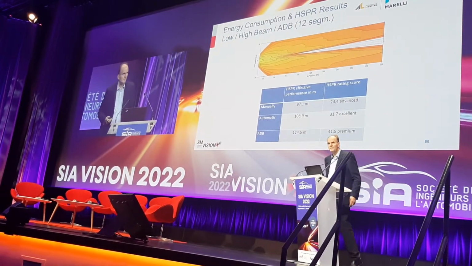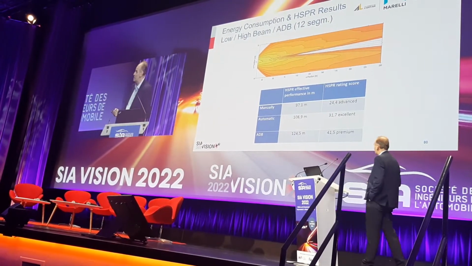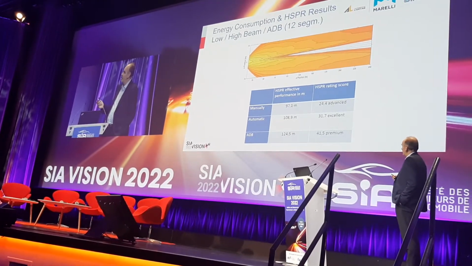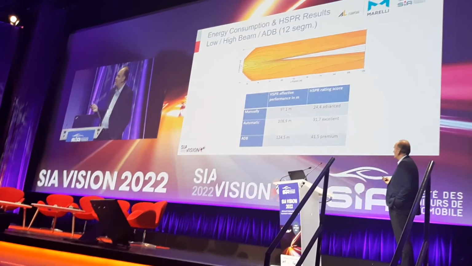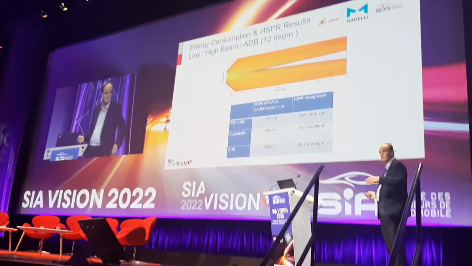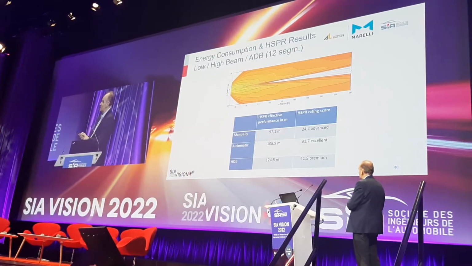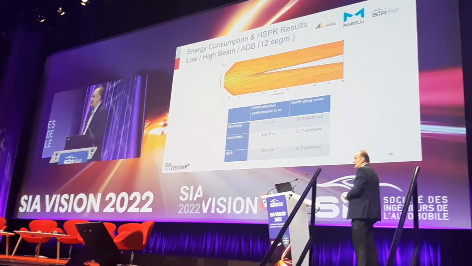And when we look at the safety gain which we can achieve with the ADB system, you see it here in the HSPR effective performance rating. When you have manual switching, we have an average range of 100 meters for the car. If we have the automatic switching, which I demonstrated, it's 10 meters more.